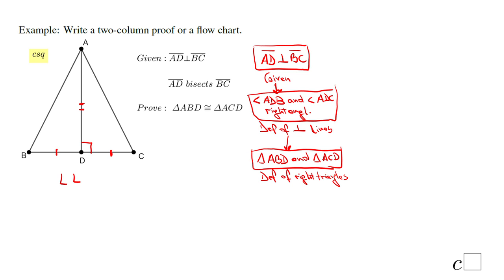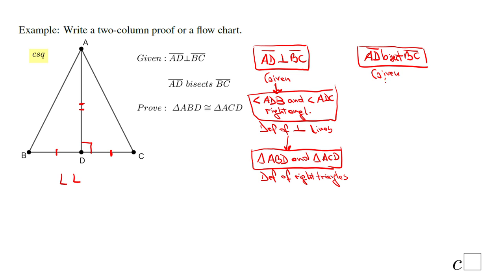Okay, so now we can go and write the next statement, which is AD bisects BC. So let's be sure AD bisects segment BC. This is given.